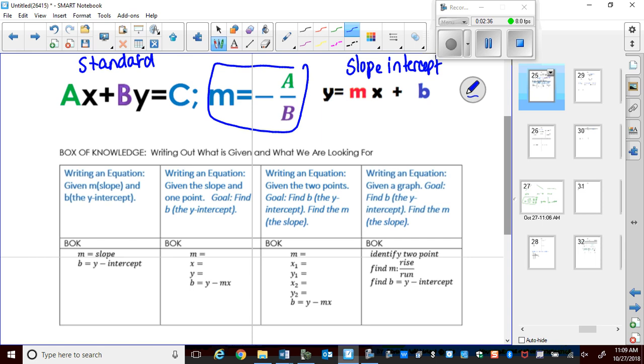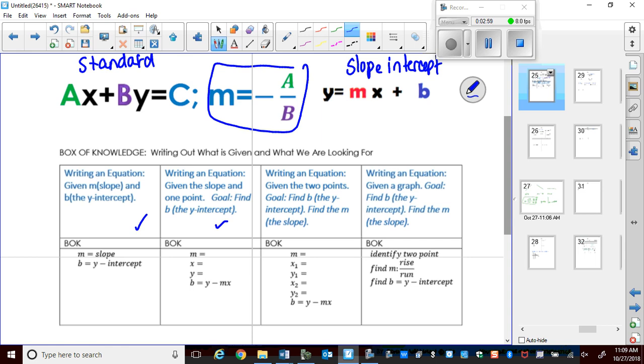So I'm not going to review the box of knowledge. It's going to be there for you to refer back to. These are 4 types of boxes of knowledge. So if I'm writing an equation, they give me the slope, they give me the y-intercept, I would use this box. Now, if they give me the slope and a point, I need to find the y-intercept. I would use this box.